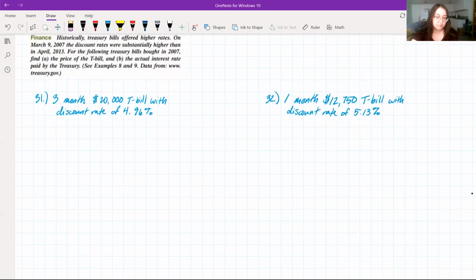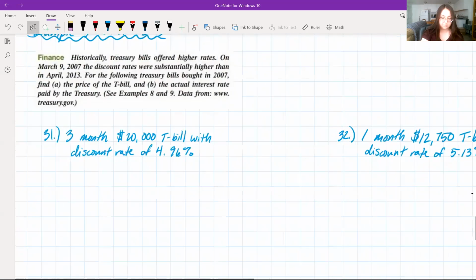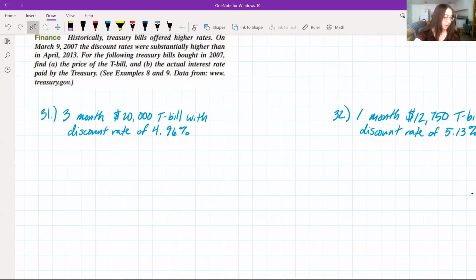So for 31, we see we have a 3-month, $20,000 T-bill with a discount rate of 4.96%. So for part A, we want to find the price of our T-bill. To start this problem, we're going to use our simple interest formula to find our discount.